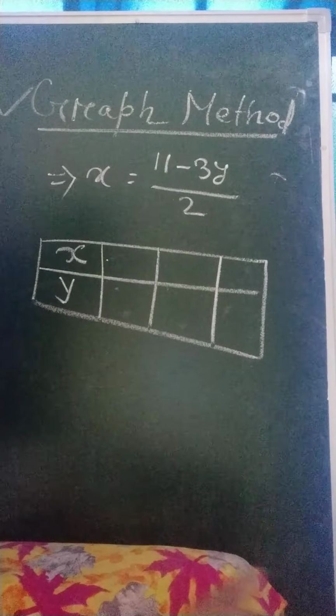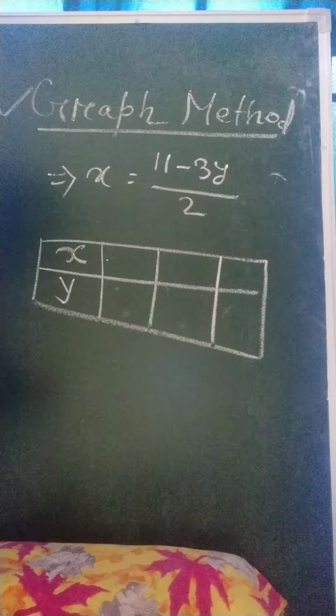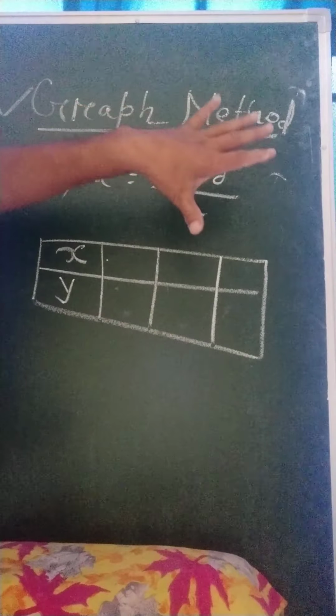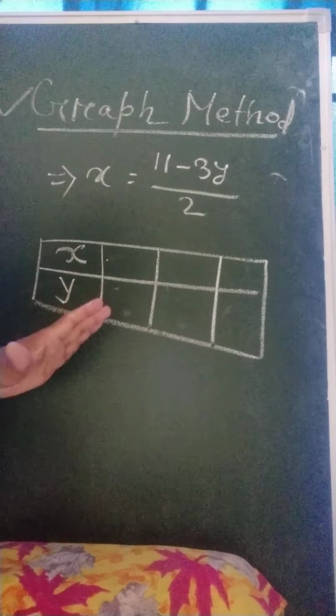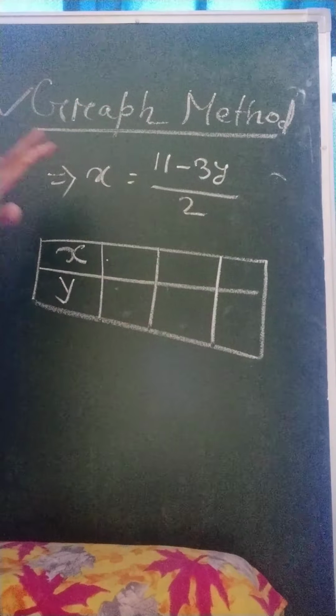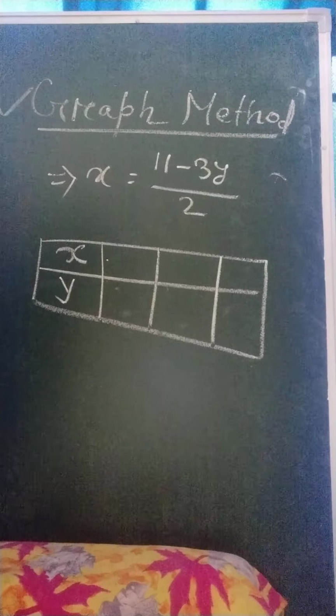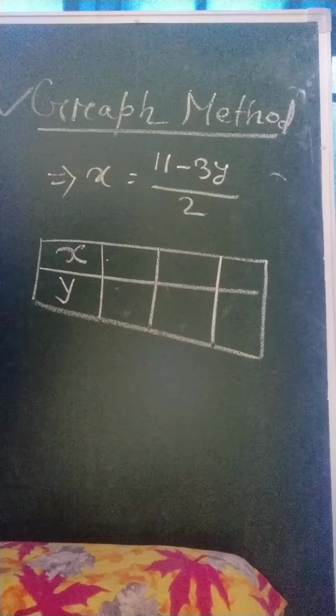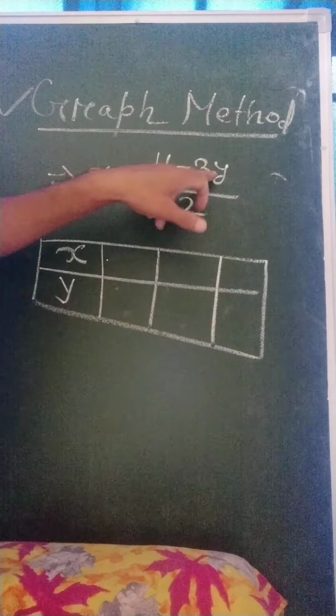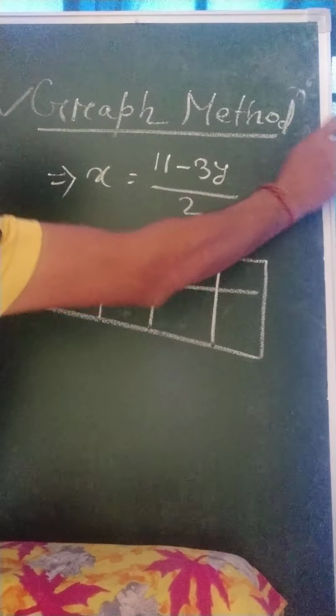So first of all, let us try to find out the values. See, you have equation number 1, and from this equation, students, we are going to find the table. Look, if I plot the value of y equal to -1, what will happen?